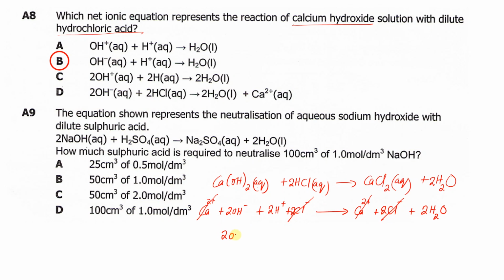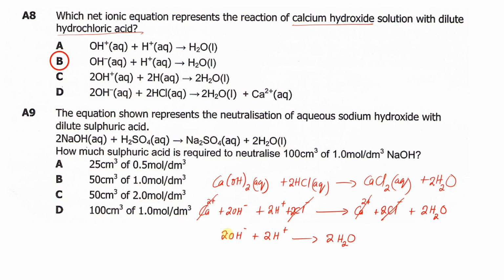With 2OH negative plus 2H plus, which leads us to 2H2O. When you look at this, it coincides with B. So the answer is B.